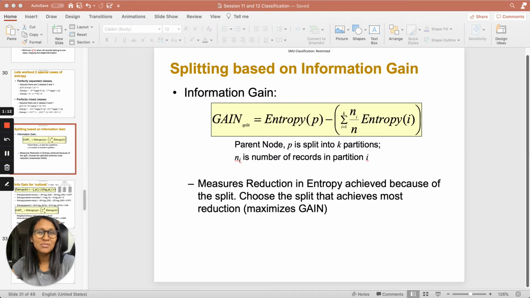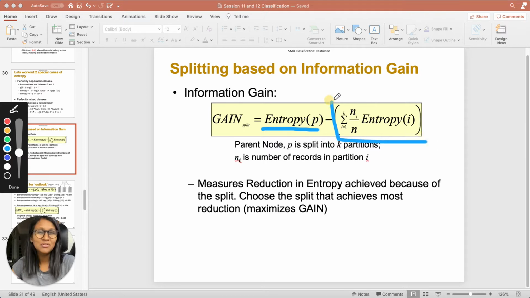Now, as you can imagine, information gain is the difference in entropy of the parent node and the combined entropy of the child nodes. So how do we do that? Let's see this. In this formula, this is the entropy of the parent node, and this is the combined entropy of the child nodes.